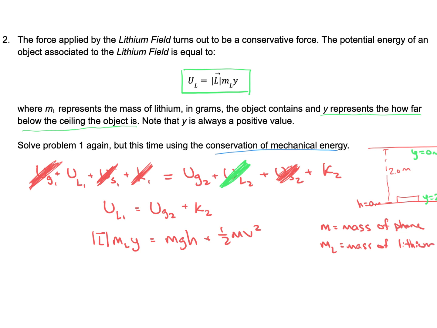Okay, so what we do is we solve for v, the speed. To solve for the speed, the first thing I will likely do is subtract mgh. Then I'll multiply by 2, divide by m, and square root.